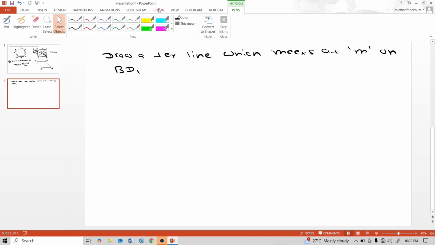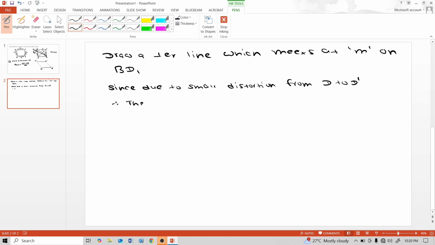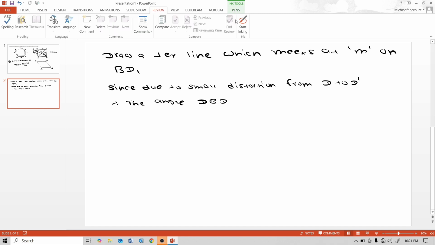Since the distortion from D to D dash is small, the angle DBD1, that means DBD dash, is very small.